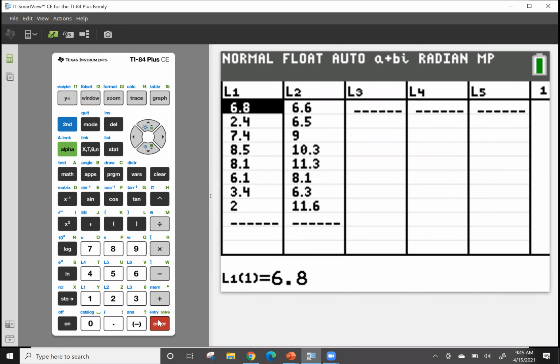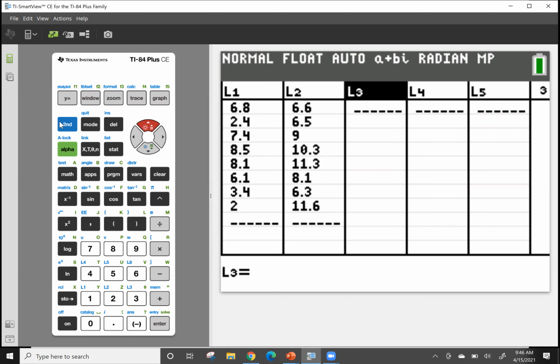So I have my after data in my L1 list and my before data in my L2. So I'm going to go over to L3. And I'm going to go up, and I am actually going to type in that I'm going to subtract L2 from L1. So I'm going to type in L3 label, L1 minus L2.